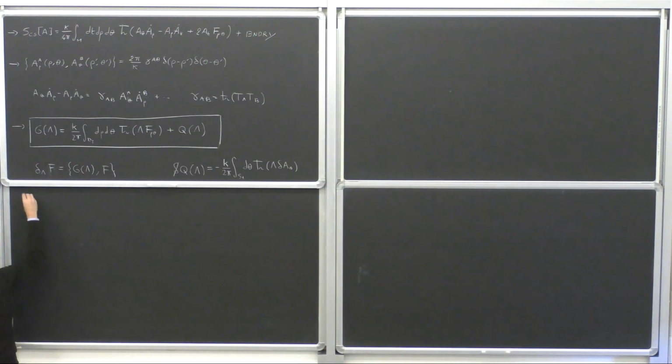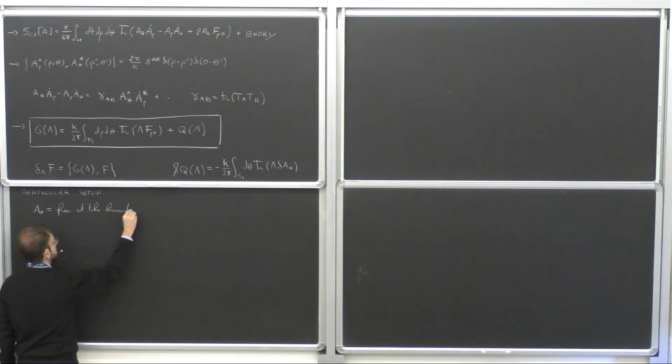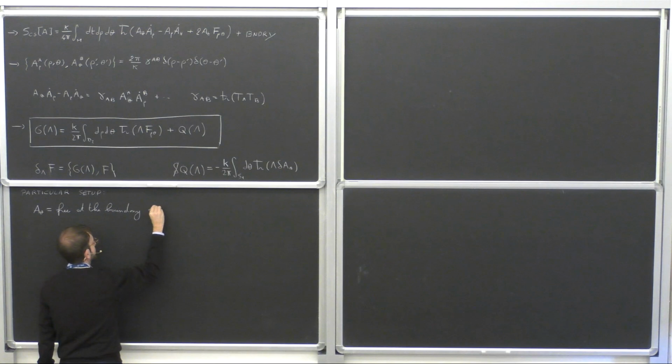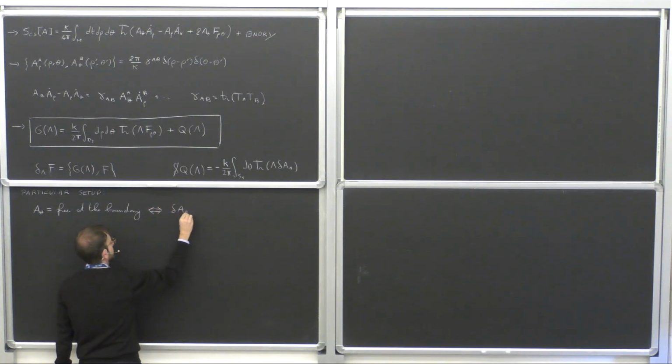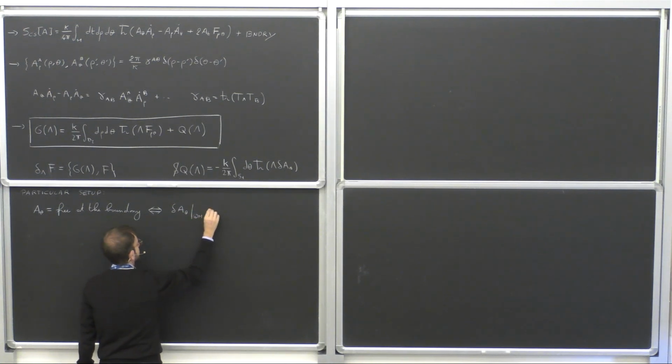Now I'm working with a particular setup, which means that I'm making some choices of boundary conditions and gauge fixing. I want to work with an A_theta which is free at the boundary, which means that delta A_theta on the boundary is free.